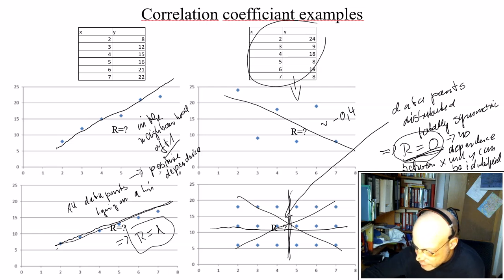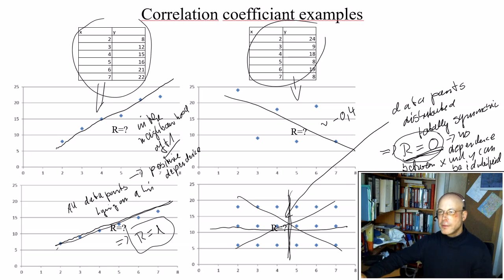So this is the data for this, and this is the data for this. I think this is also my example from the linear regression we have already done.